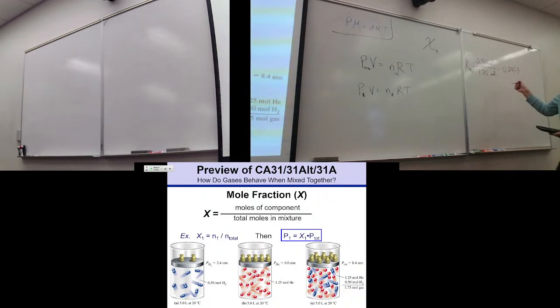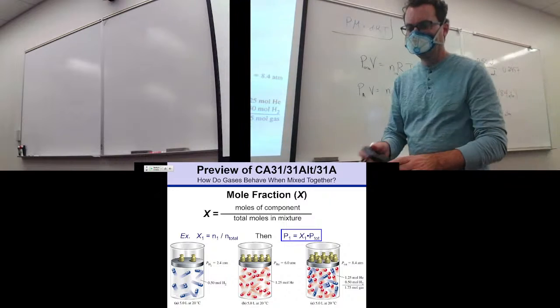So that's the mole fraction. The total pressure is 8.4 atmospheres. So if I multiply the total pressure by the mole fraction of hydrogen, I will get the partial pressure of hydrogen. And it should be, what is it, 2.4. And it is. So this times 8.4 is exactly 2.4.